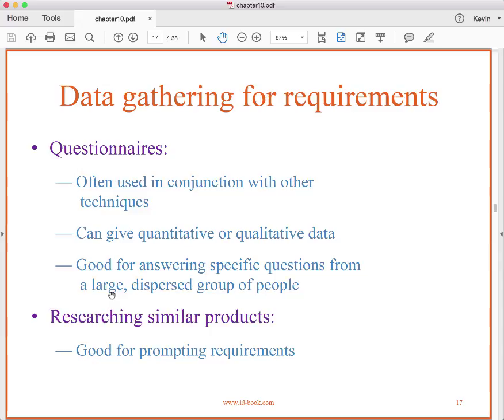One is we could research similar products, right? So when we're trying to come up with the requirements, rather than trying to understand the fit of a particular design to the requirements, we might want to go look at similar products, competitor products, collaborators' products.